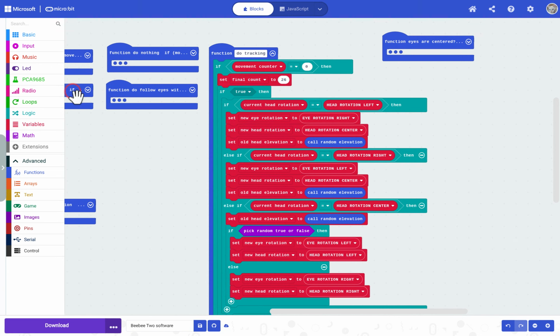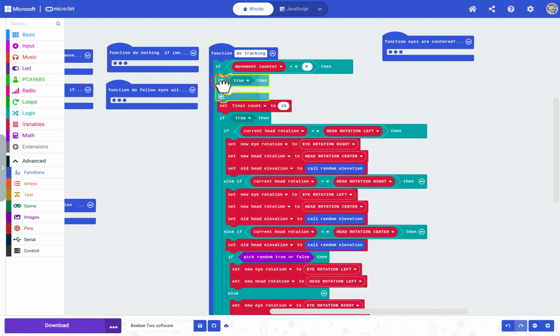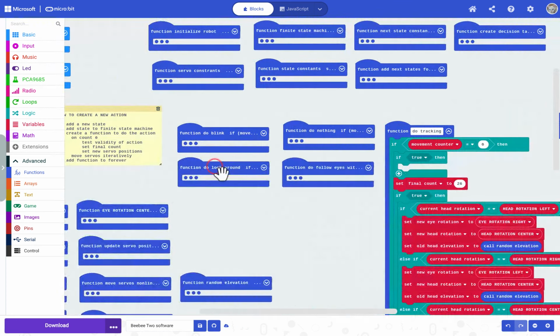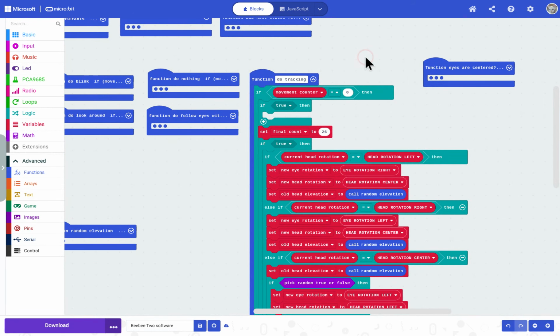And what I want is more of a guard clause. So it comes in here and we're checking for the validity of, right? Is it a valid action? And to do this action, to do tracking, we don't have to have the eyes centered, but for right now, we're only dealing with eyes are centered.